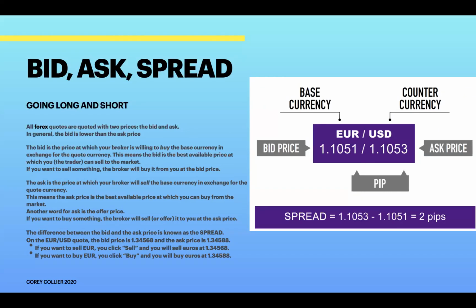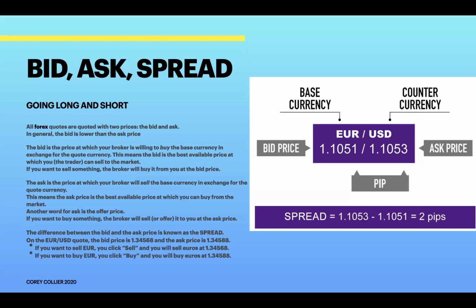All Forex quotes are quoted with 2 prices, the bid and the ask. In general, the bid is lower than the ask price. The bid is the price at which your broker is willing to buy the base currency in exchange for the quote currency. This means that the bid is the best available price at which us, the trader, can sell to the market. If you want to sell something, the broker will buy it from you at the bid price, all right?